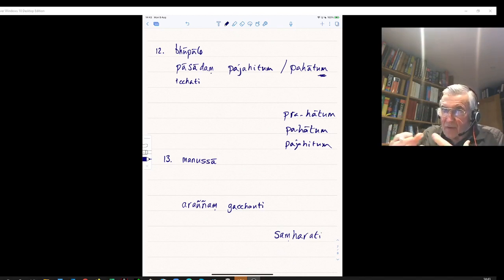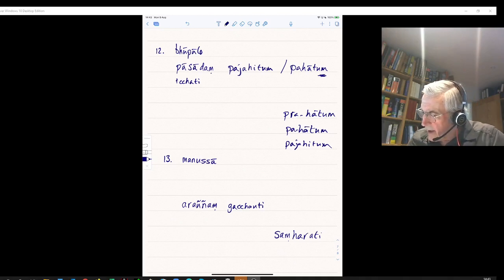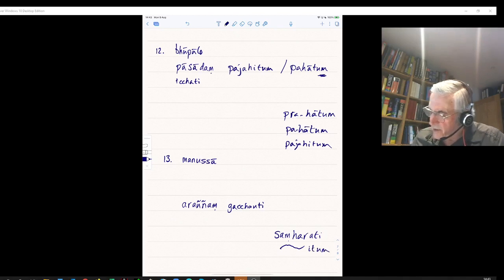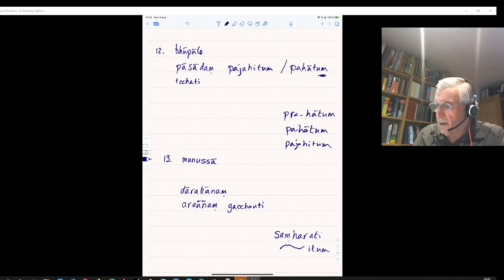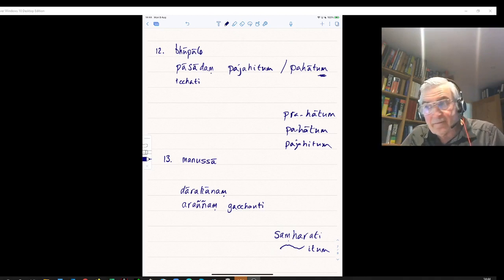Samharati is to gather together. So samharati, and the infinitive is samharitum. So for the children, darakanam, to gather fruits is going to be samharitum. So phalani samharitum.